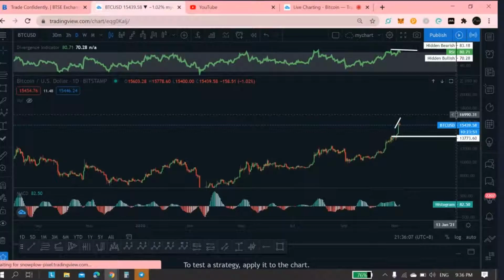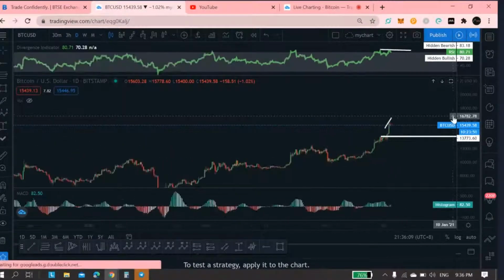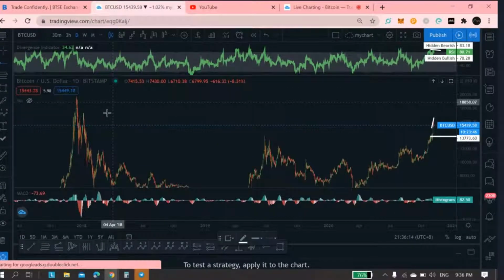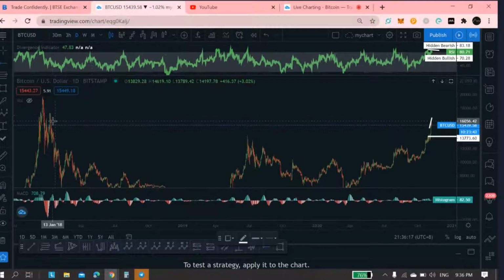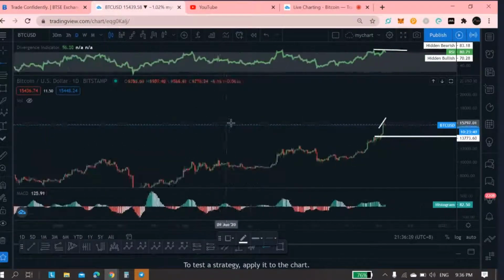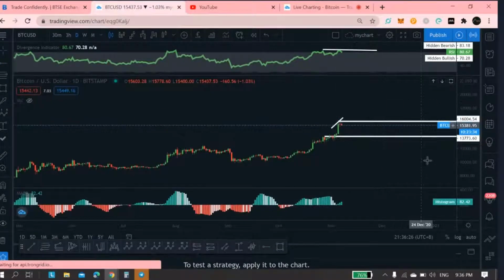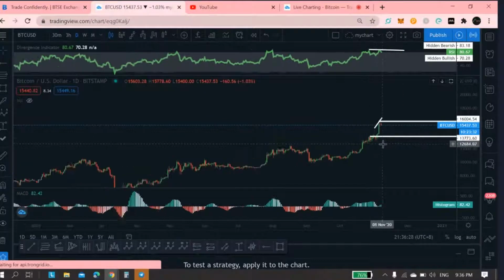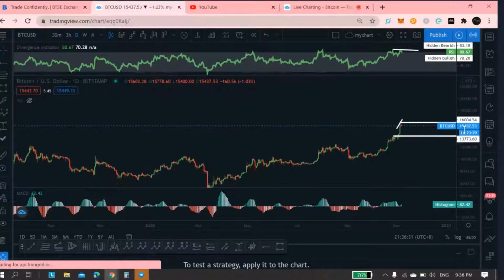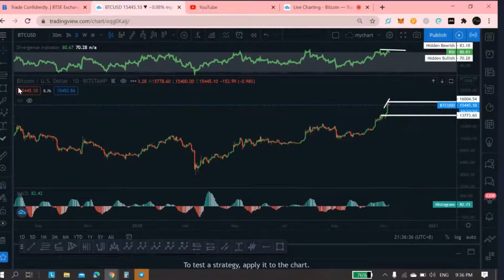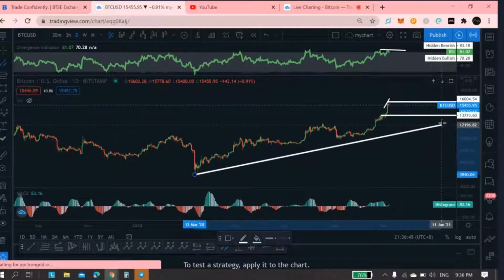So the resistance I'm looking at is, of course, the previous high or close, that's close to the 16,000 area. It needs to break the previous high to create a new year-to-date high. Aside from that, let's also try to form a parallel channel in this area.